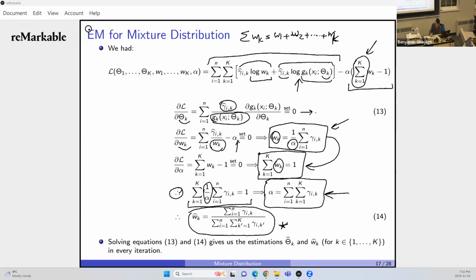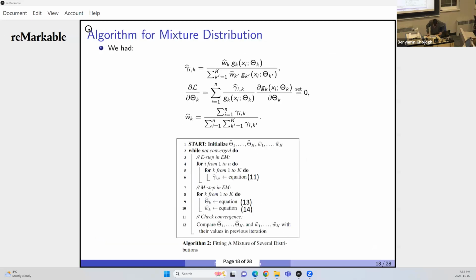Why didn't I go further on this? Because it depends on G. Now I'm going to give you some examples for the Gaussian distribution, okay? But for now, I didn't assume what the distribution is. It's the general case, okay?